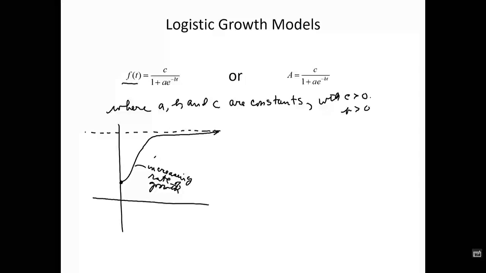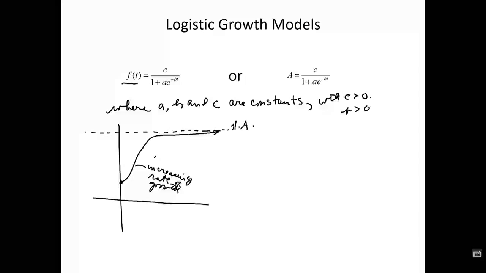And it begins to slowly level off, decrease, and it approaches this horizontal asymptote. All right, this horizontal asymptote, which actually turns out to be, if you go back to the original function, so this is a horizontal asymptote.